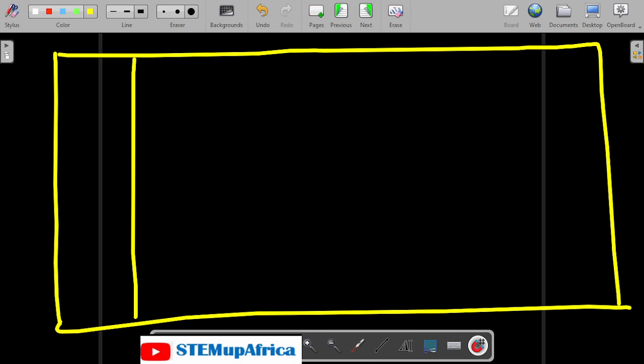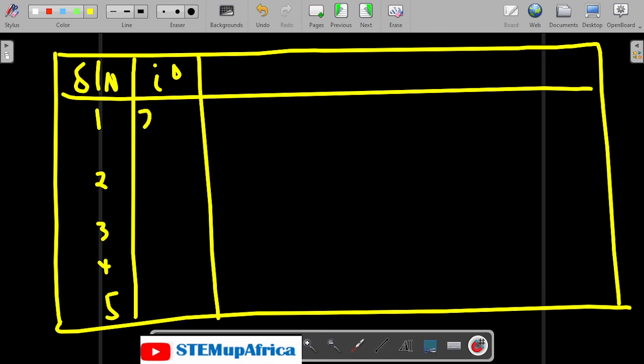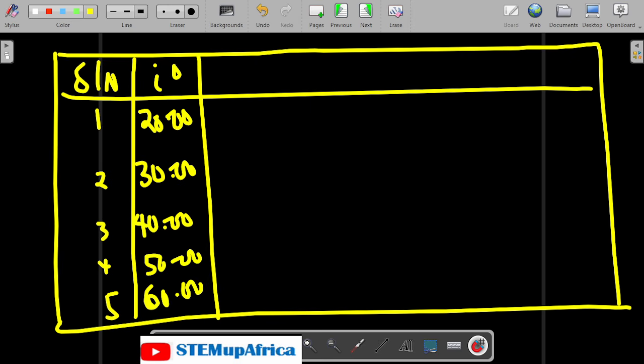We have serial number: 1, 2, 3, 4, and 5. Here we have the incidence in degrees: 20.00, 30.00, 40.00, 50.00, 60.00. Then here we have our Y, which is in cm, the value of OQ from your tracing.